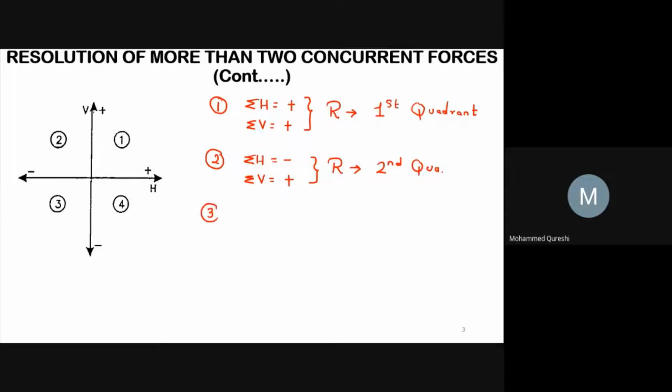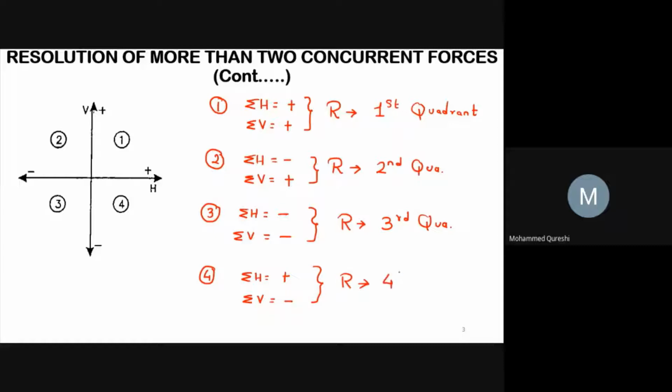Third case, if sigma H is negative and sigma V is negative, then your resultant will be in the third quadrant. And the last condition, if sigma H is positive and sigma V is negative, then your resultant will be in the fourth quadrant.